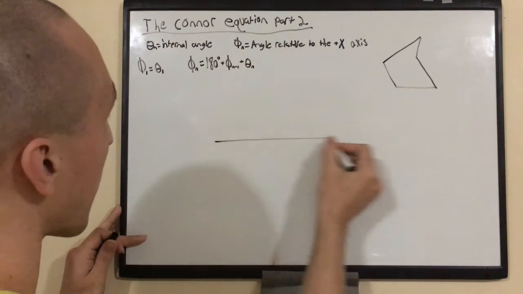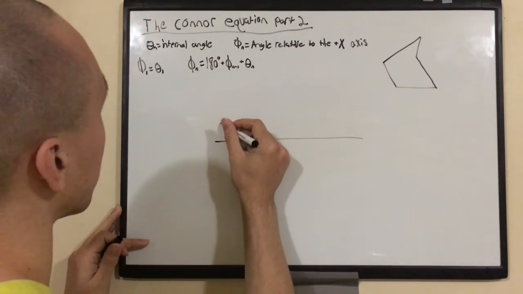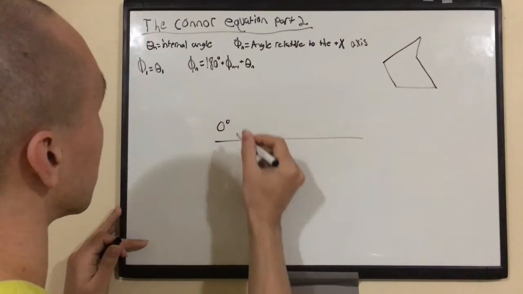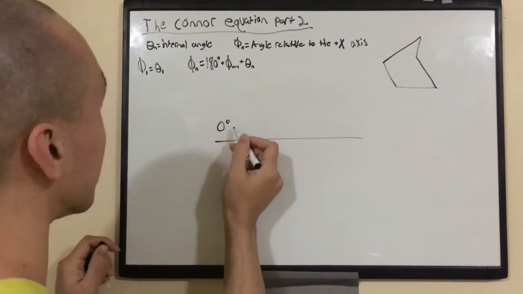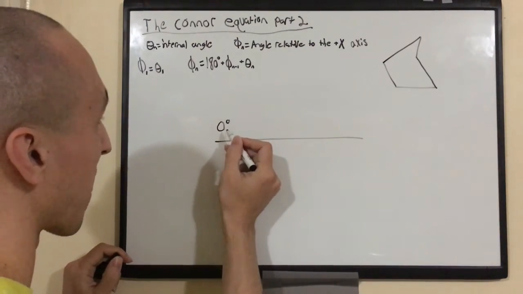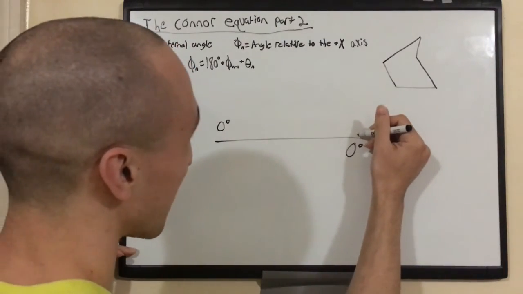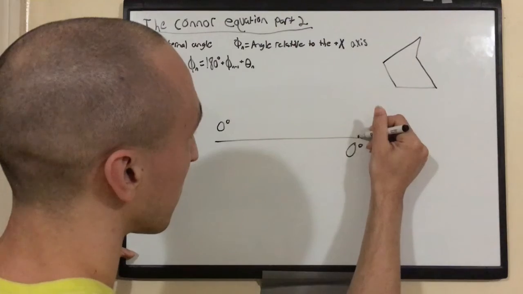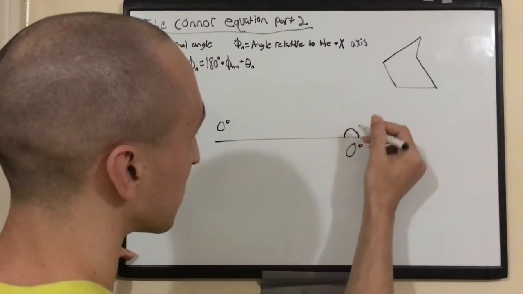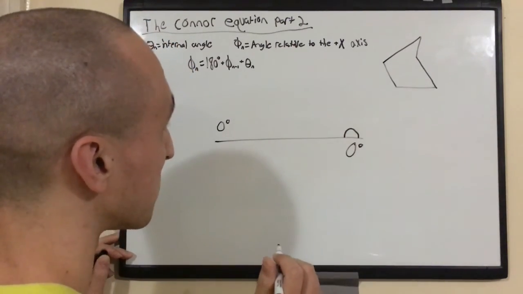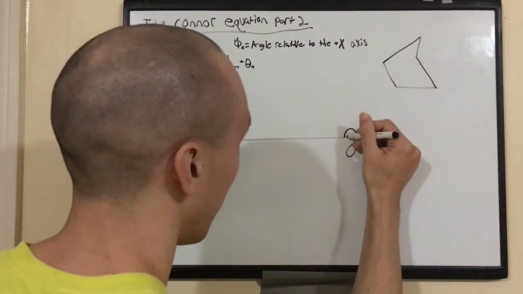Mathematical proof. And now, when phi n minus 1 is 0 degrees, I'm actually going to draw what it is. Remember, we always start with 180 degrees, then we add 0 degrees. Okay, we've added it.